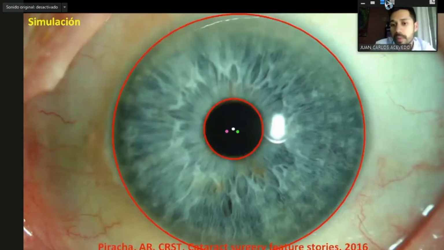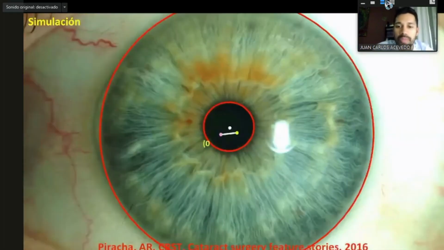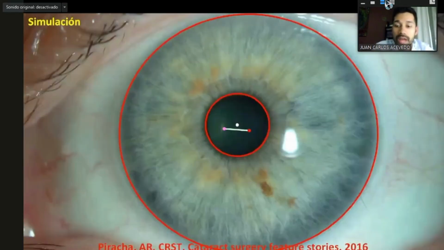For example, angles less than 0.3 are suitable for multifocal lenses because they look through the center of the optic. Values between 0.3 and 0.5 should explain the risk of misalignment. And those with angle greater than 0.5 are not candidates for this type of lens.